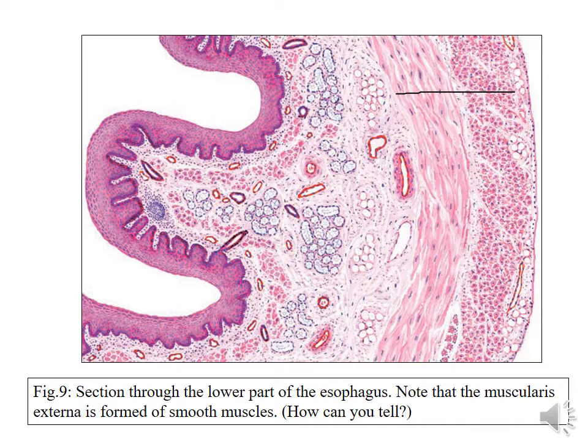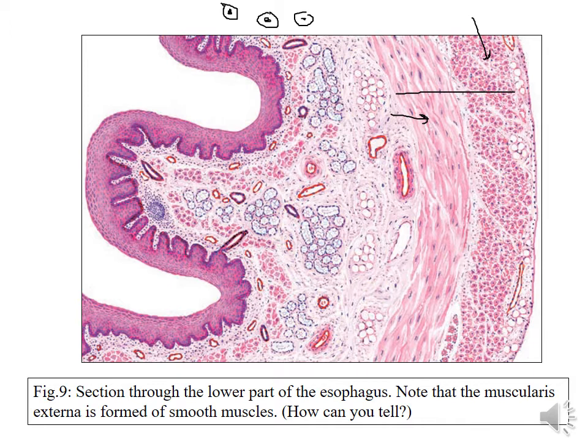So I will not see any striation, because it is smooth. But in the longitudinal muscle layer, I will see again the circles. But here, the nucleus will be in the center, because these are smooth muscle cells and the nucleus is in the center of these cells.